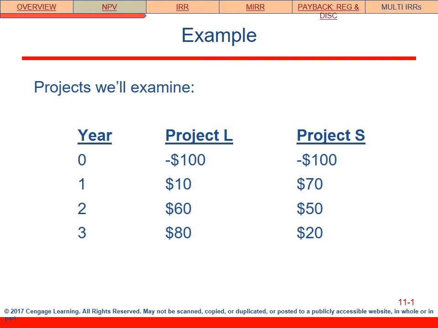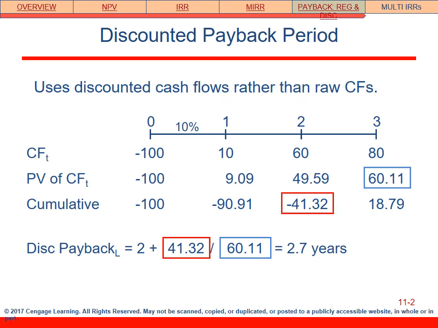We'll use discounted payback period to determine whether our projects L and S are worthwhile. With discounted payback period, the application is the same. How long does it take us to recover the cost of a project?